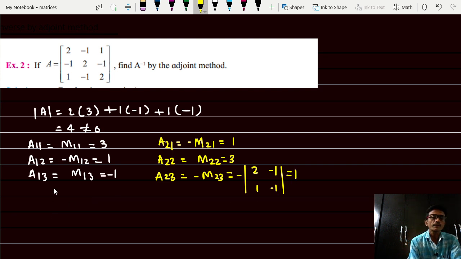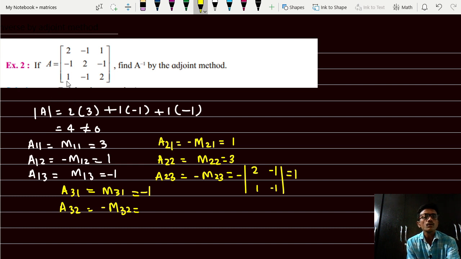Then A31 is equal to M31. Now third row and first column, so these are the remaining elements. What will be the expansion of this, elements 1 and minus 1? Then A32 is equal to minus of M32, which is second row and third column. These remaining elements are 2, minus 1 and 1, minus 2.